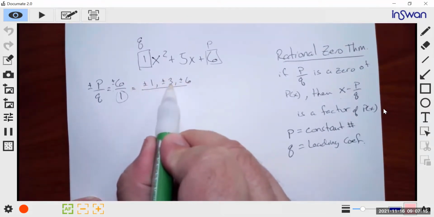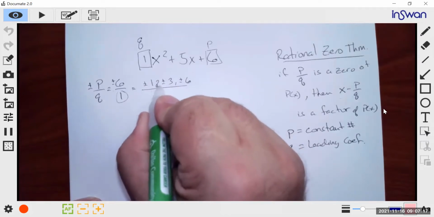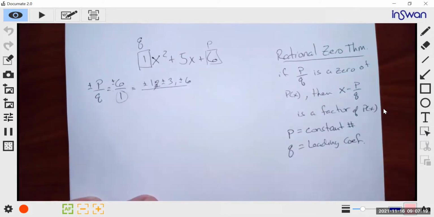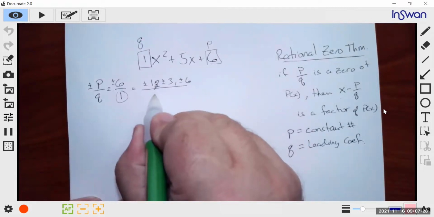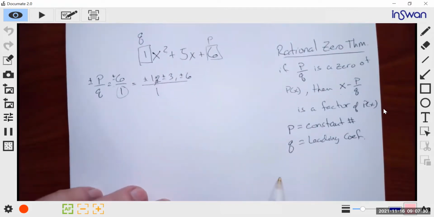Oh, I forgot a 2. 2 times 3 is 6. So 1, 2, 3, and 6 are all factors. And the bottom, we just have that 1.